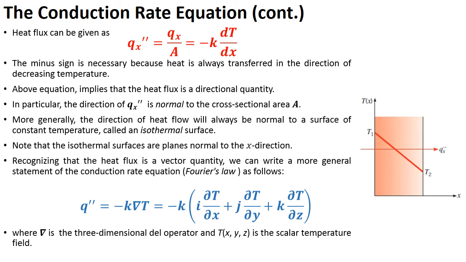Here i, j, k written within the bracket are the unit vectors in the x, y and z directions respectively, and k, which is written outside the bracket, is the thermal conductivity of the material. Remember, heat flux is a directional quantity, it is a vector quantity.